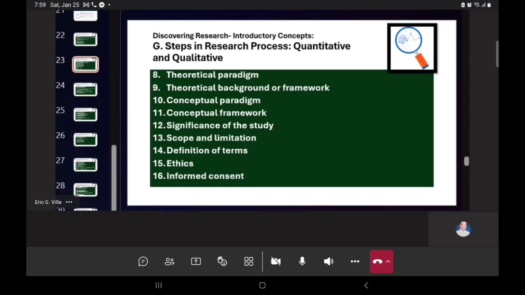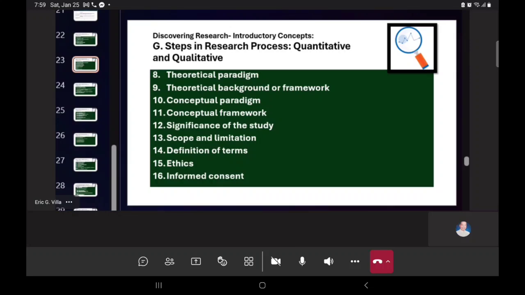Conceptual paradigm. This is the visual representation of theoretical relationships, helping researchers map complex interactions between variables. This model illustrates the study's theoretical structure, showing how different components interact and influence each other within a research context.